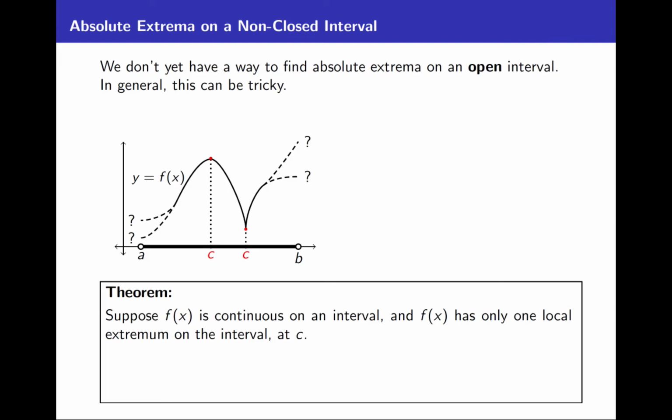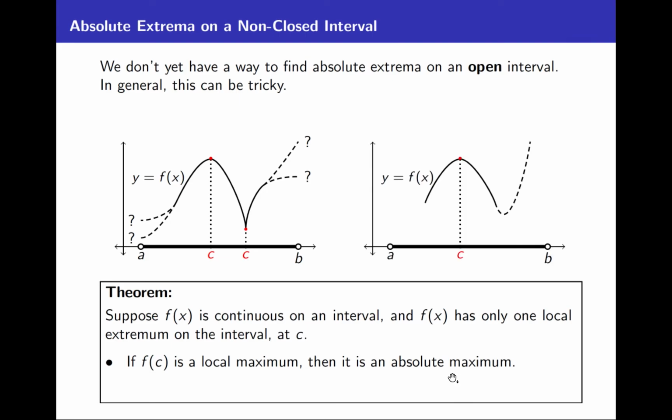And the theorem says this. It comes in two statements. The first statement is this. If f of c happens to be a local maximum, then it's also an absolute maximum. And you can see why that has to be the case very easily. Because imagine that you've got this set up and f of c is a local maximum.